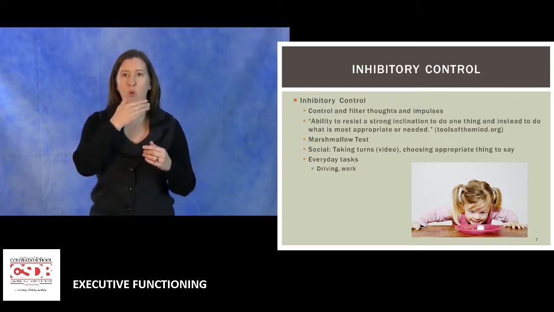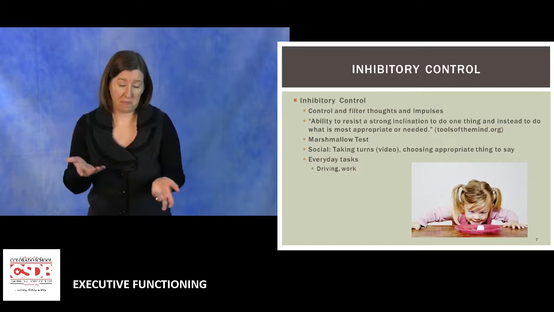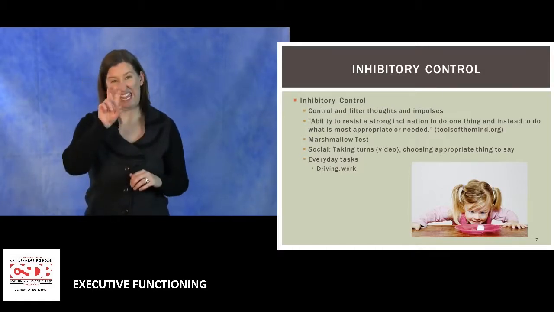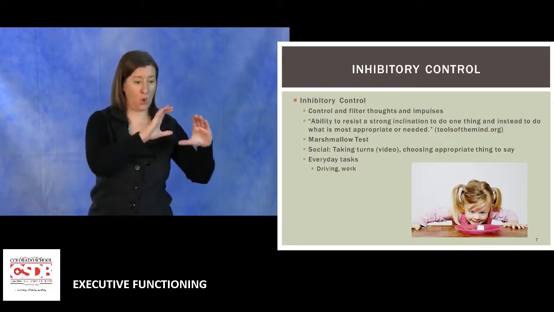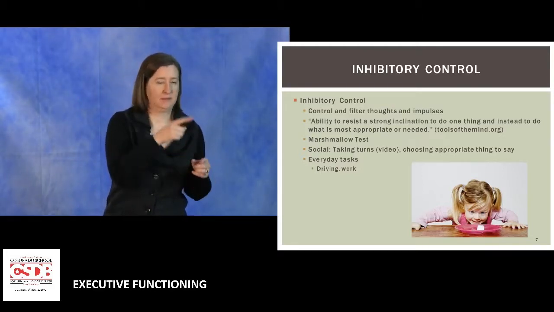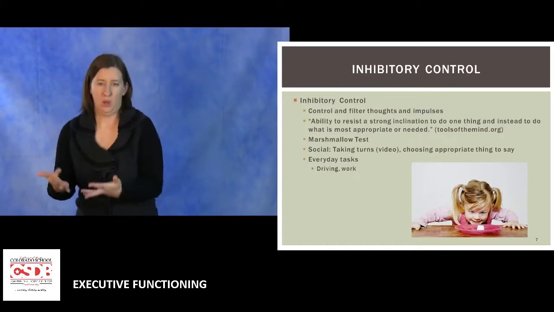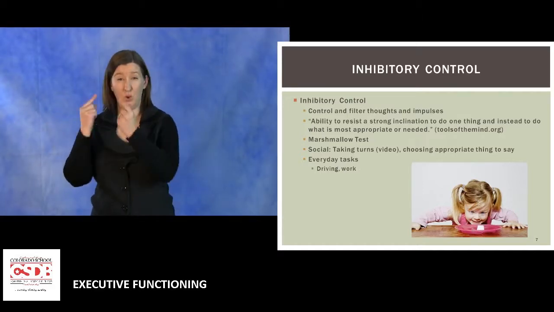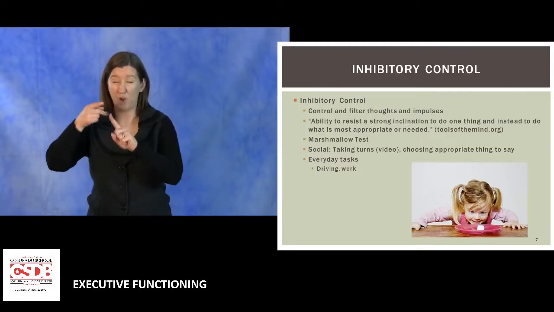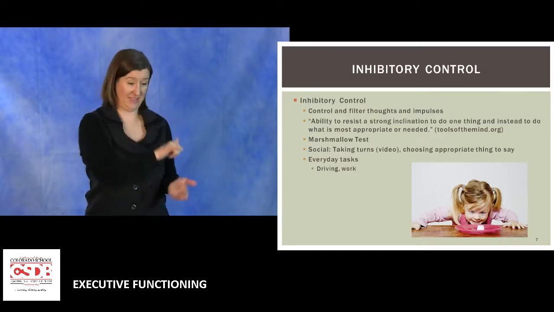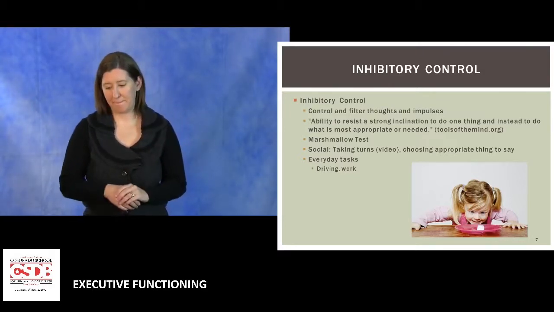They found that those kids were really successful in life, that was the outcome later. Even looking at SAT scores, there was one group that didn't have any of that inhibitory control, and then the other group that waited a long time to eat the marshmallows, that group scored an average of 120 points higher than the group that didn't have the inhibitory control on the SAT.